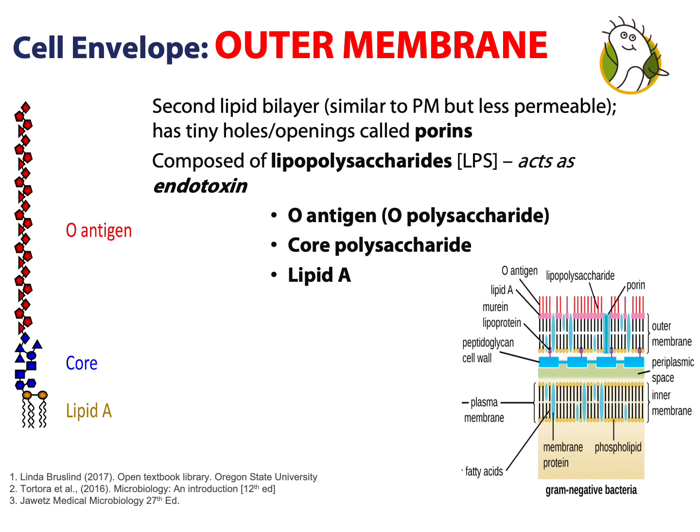The outer membrane is the second lipid bilayer found between the cell wall and the plasma membrane. Your outer membrane is located external to your peptidoglycan layer.